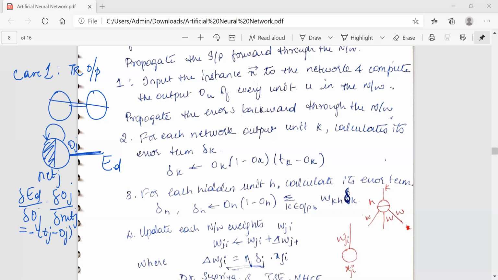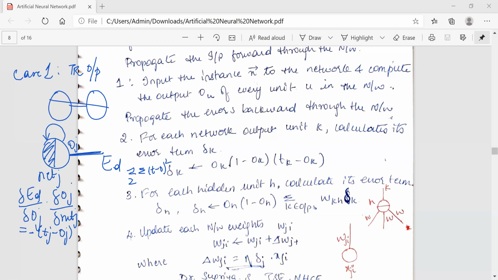We did a partial derivative of that equation, right? So when I perform the partial derivative of the equation, ED was 1 by 2 summation of k equal to 1 to n of (t minus O) the whole square.